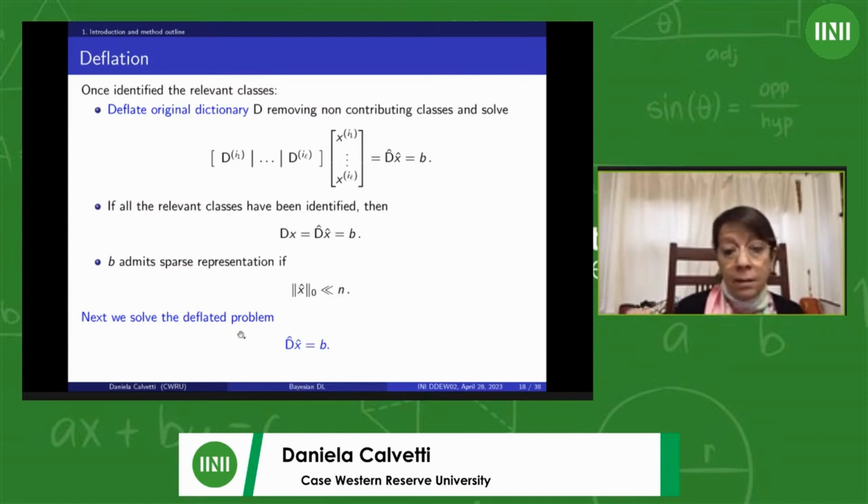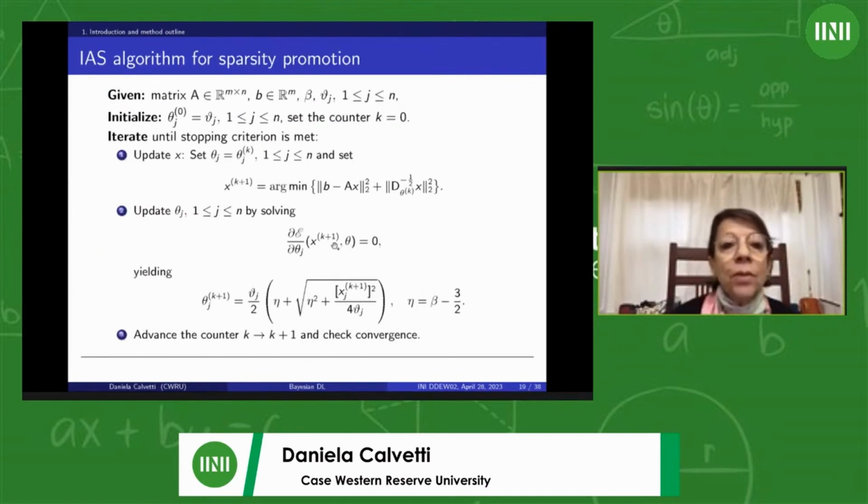By solving this deflated problem, which in general will be quite a lot smaller and therefore less computationally demanding than the original one. The way in which we are advocating solving these least squares problems with sparsity promotion is in a Bayesian way.